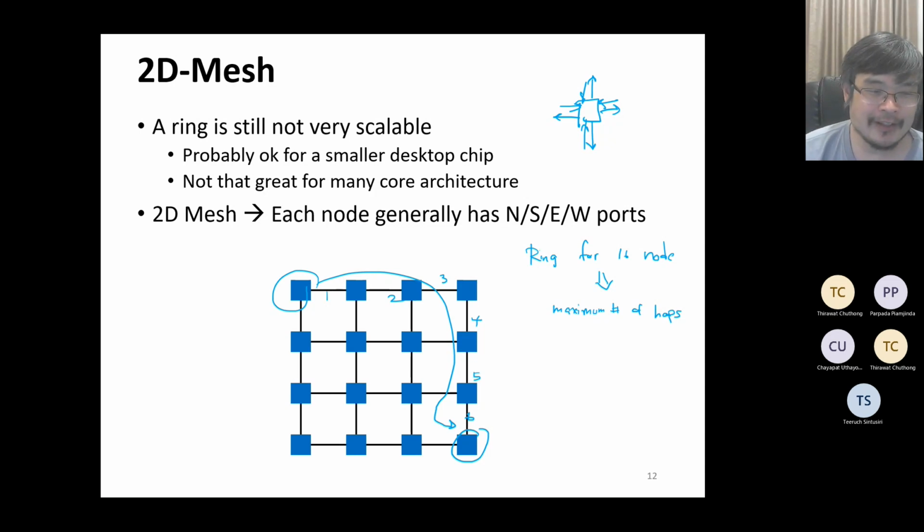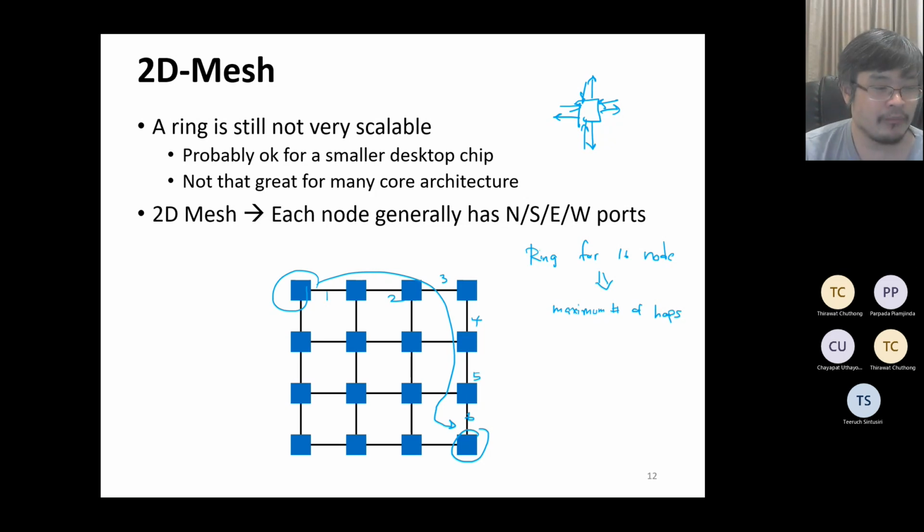What's the longest distance? It's actually, I think 7. Because you have 15, basically you have to go through, if you go through 8, the other side, if you go the other side, I think it's 7. So I think the maximum hop is 7.